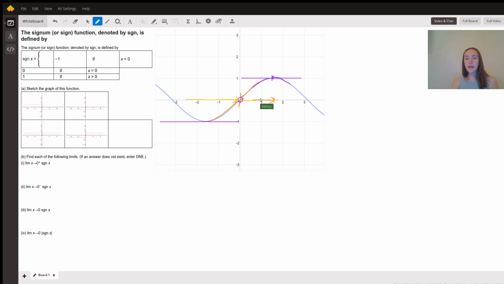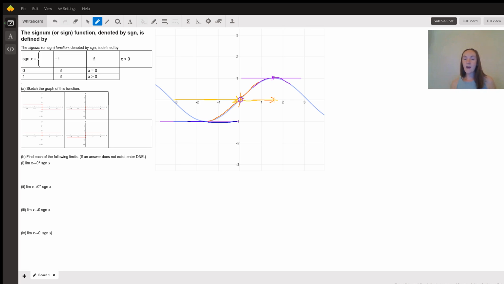If I'm looking at the limit as x approaches 0, just like here where I had my x approaching 0, I'm going to do the same thing. My x is approaching 0, but if I look at the function itself coming from the negative direction, we're way down here. We're going along, approaching -1 because it's just constant.